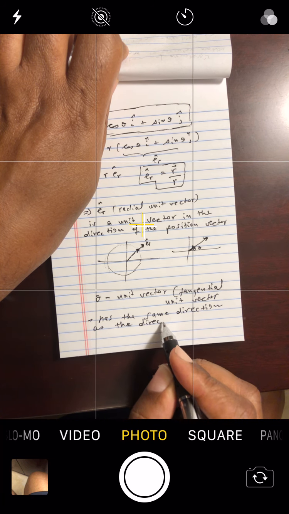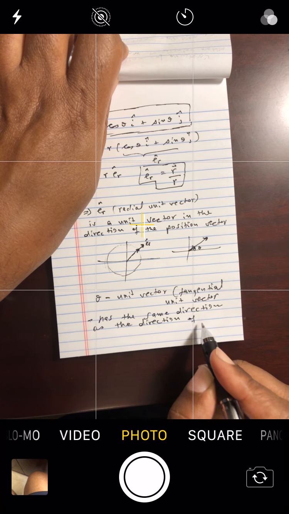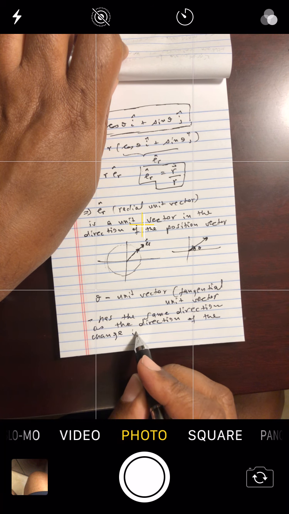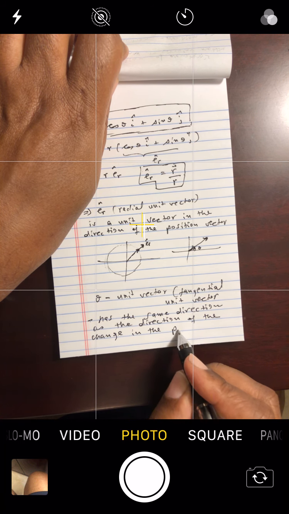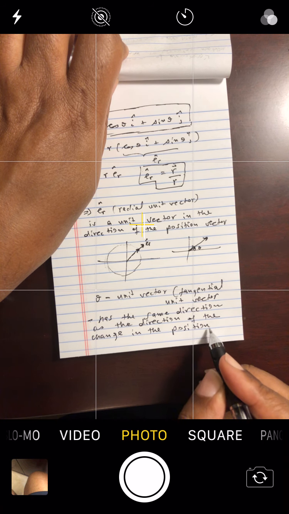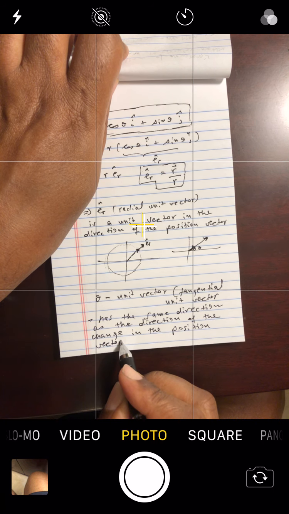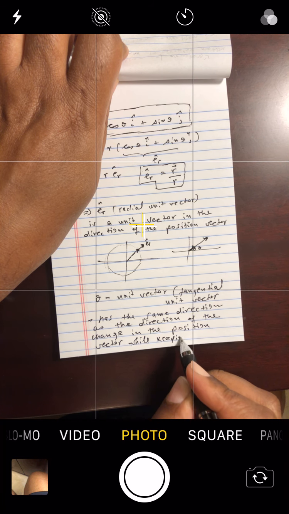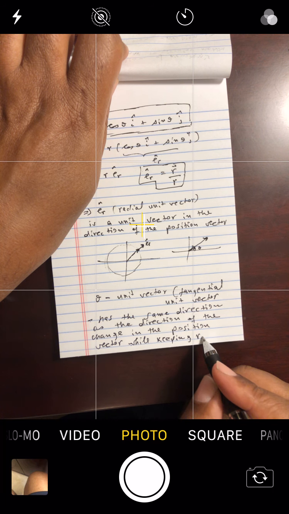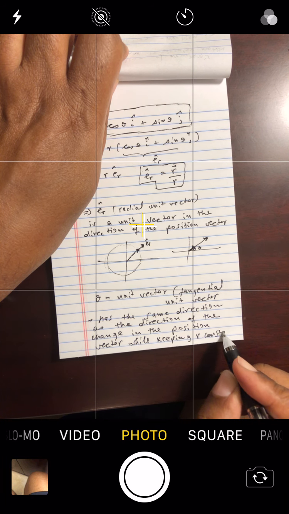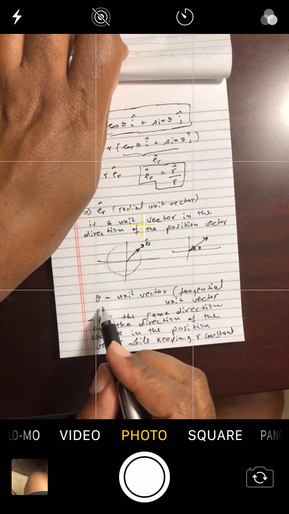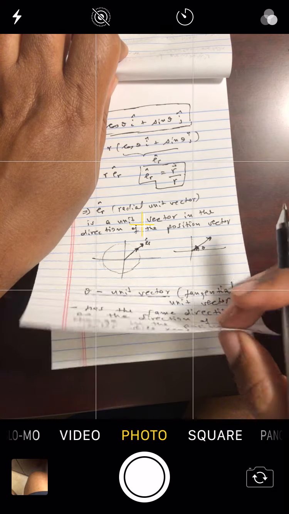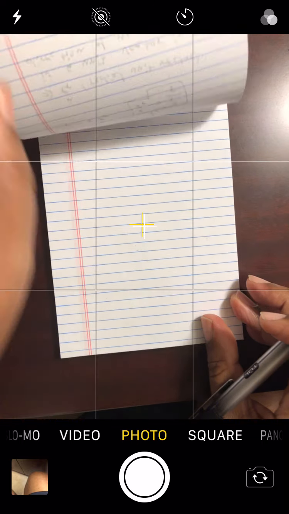So the direction of this unit vector is the direction of the change in position vector while keeping R constant. Let's see what this means pictorially.